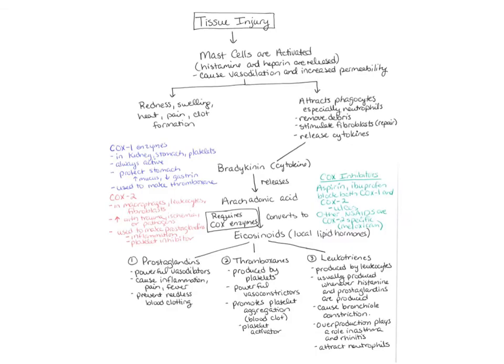I want to talk about the differences between infection and inflammation, and then we're just going to move on from there. An infection is when your body's being invaded by microorganisms, and then they just keep multiplying.